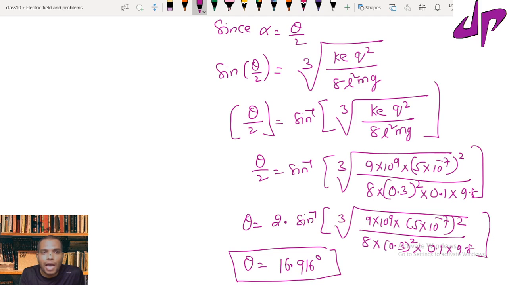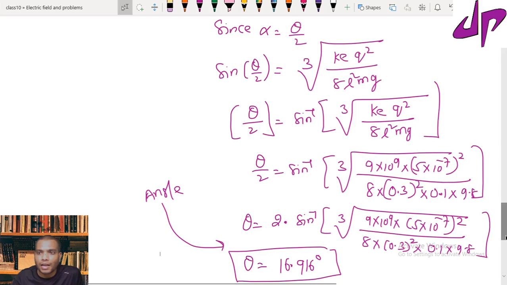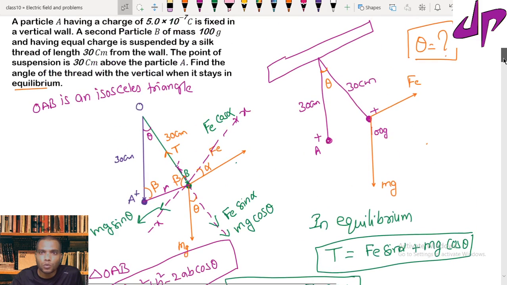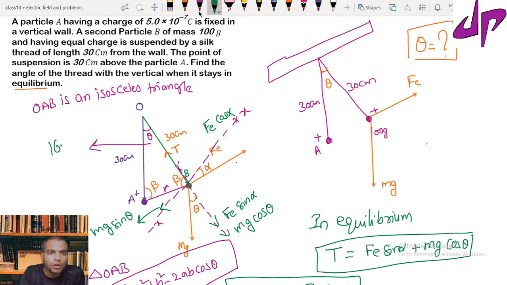So this is the angle theta. We needed to find the suspension angle. It's a too lengthy and mathematically tough problem. So the angle theta equal to 16.916 degrees.